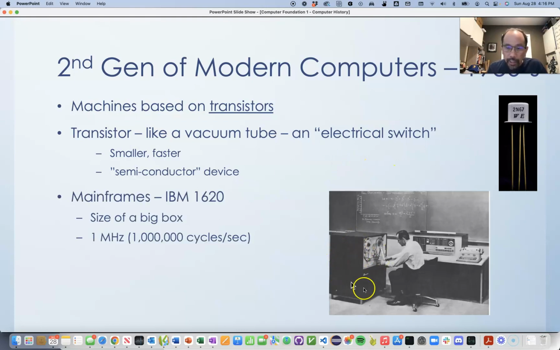This box here is a mainframe computer made by IBM, made out of these transistors. And now it ran very fast. It ran at a speed of 1 megahertz, which is 1 million cycles per second. So think of that in terms of, instead of being able to do 35 divisions every second, now it could do 1 million additions every single second.